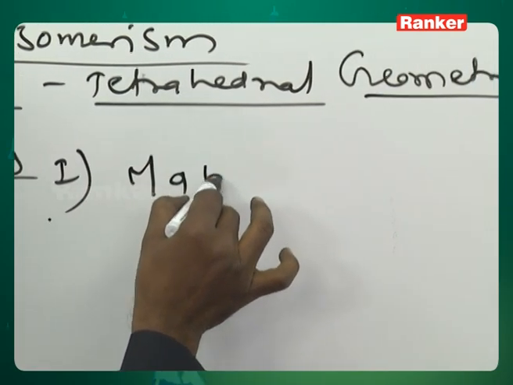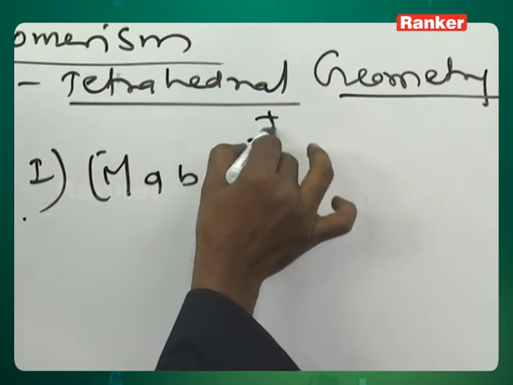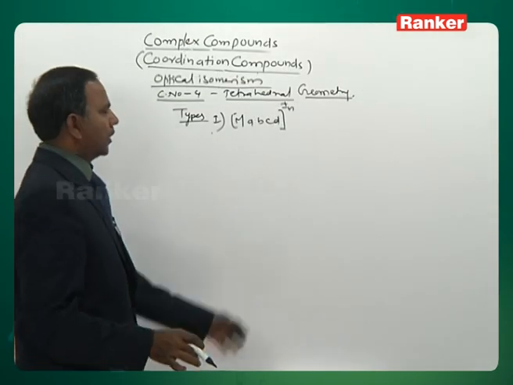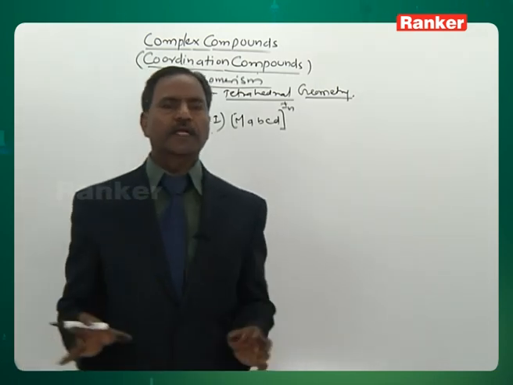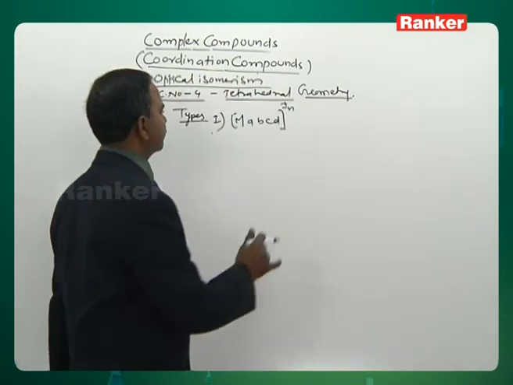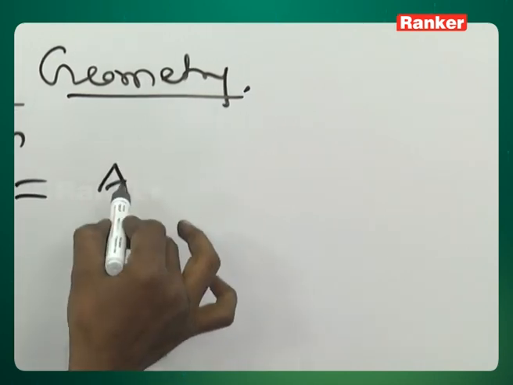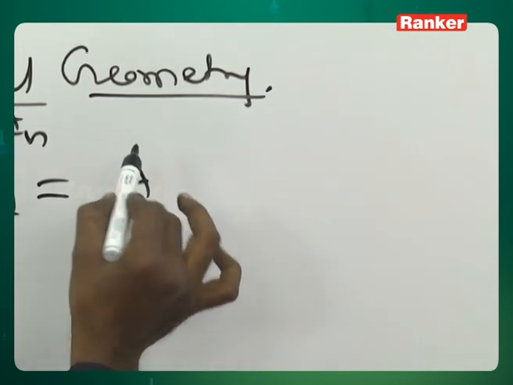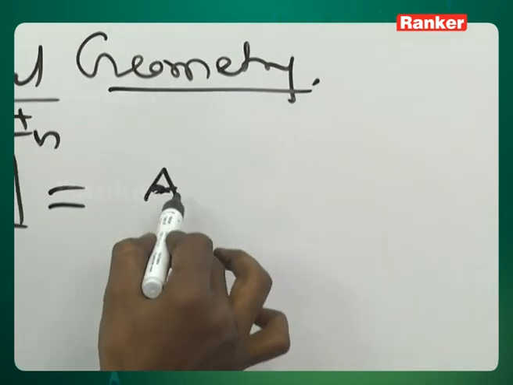Take M, A, B, C, D: MABCD plus or minus n. In this MABCD, tetrahedral geometry with 4 different ligands, very few examples are there. One example I write on the board. Very rarely are these complexes there in textbooks or any book. One or two examples are there.